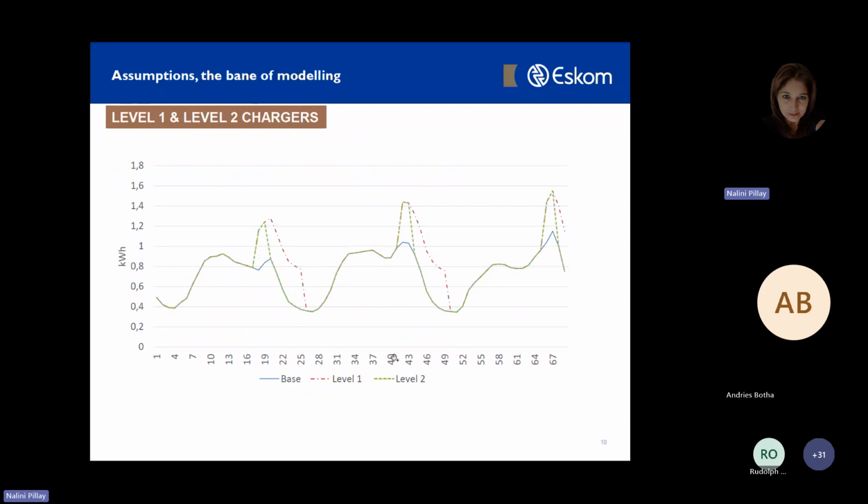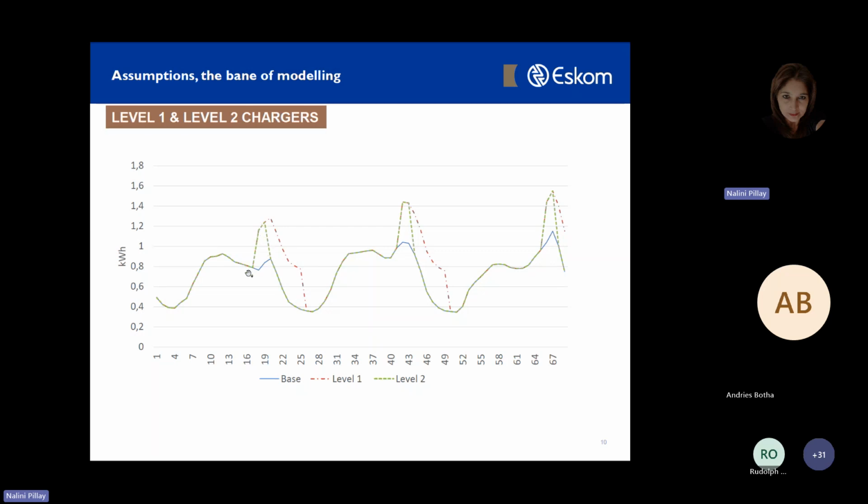Here again, depending on the type of chargers that we have, if you have a level 1 charger or a level 2 charger, the charging profile is very different. So this is your base consumption profile in a household. However, you'll find the green line is actually a fast charger.